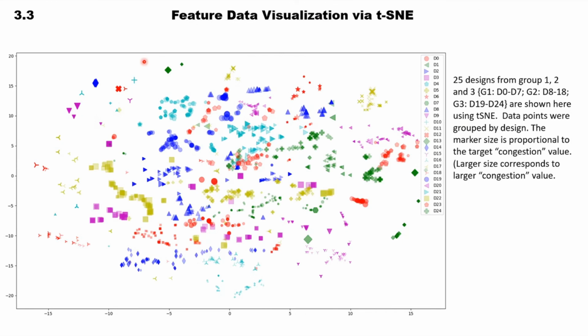Here's the t-SNE visualization of feature data from 25 designs. The feature data has 65 features. With t-SNE, it is reduced to 2 dimensions. It can be seen there's little overlap between different designs.